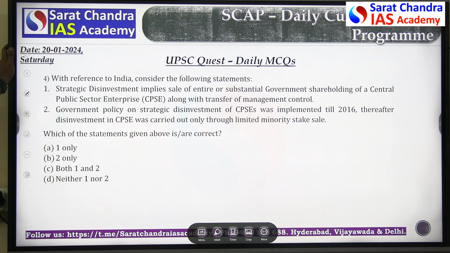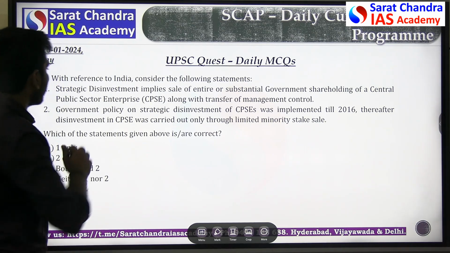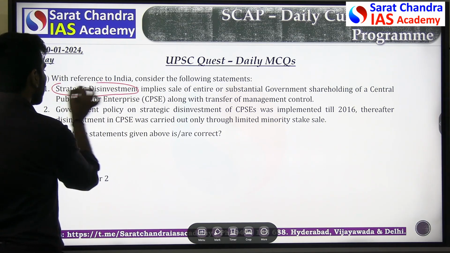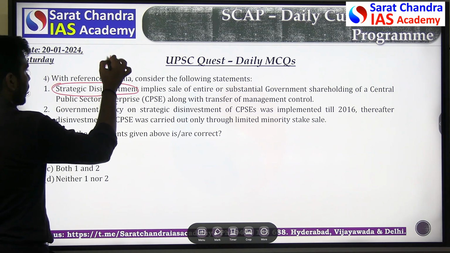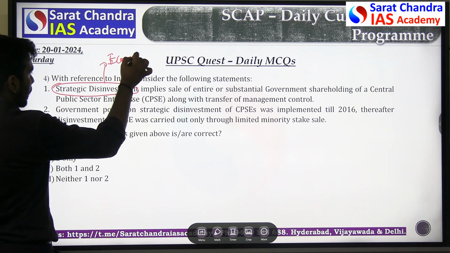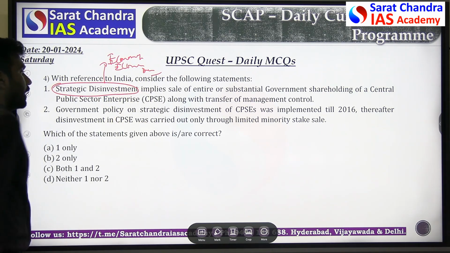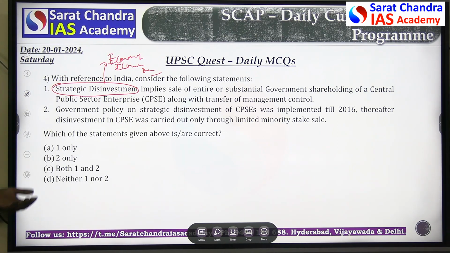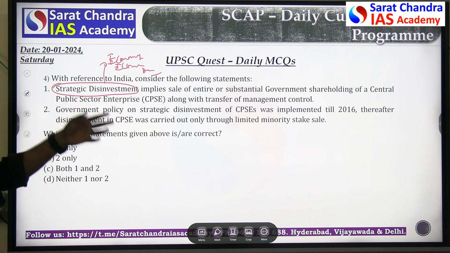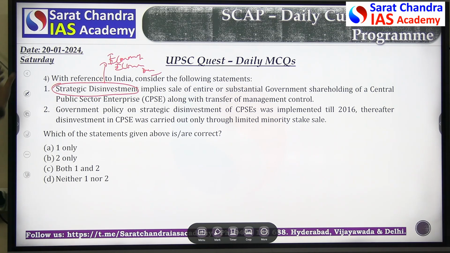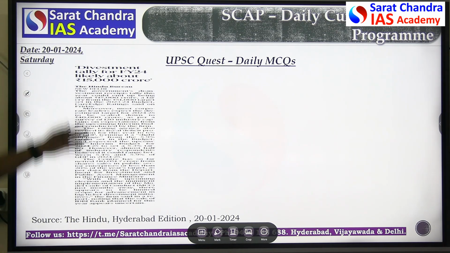Next, with reference to India, consider the following statement on strategic disinvestment. It is a most important topic in economy, in particular economic development. It implies the sale of entire or substantial government shareholding of a central public sector enterprise, CPSE, along with the transfer of management control. The context: disinvestment tally for financial year 24 likely about 15,000 crore.